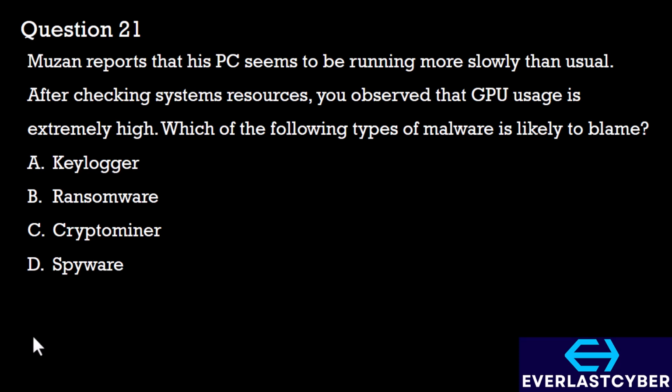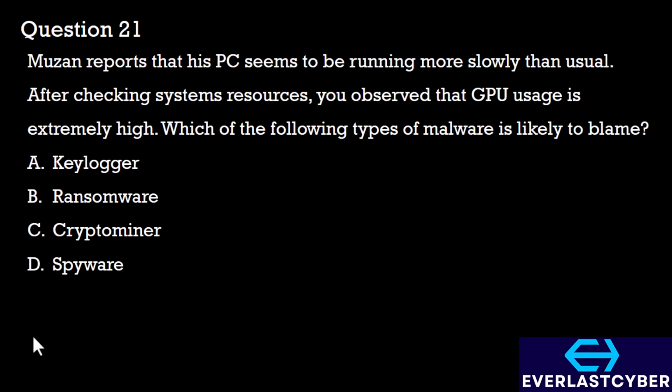Going through the options, a keylogger is designed to record keystrokes and capture sensitive information like passwords, so it does not really consume GPU resources. Ransomware encrypts files and demands a ransom payment for the decryption of the files. This does not affect the resource consumption.